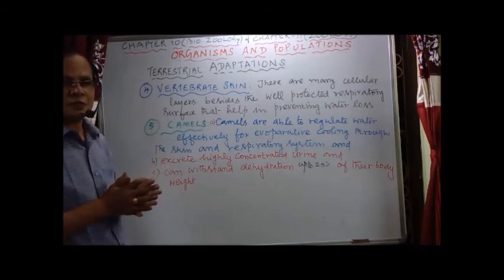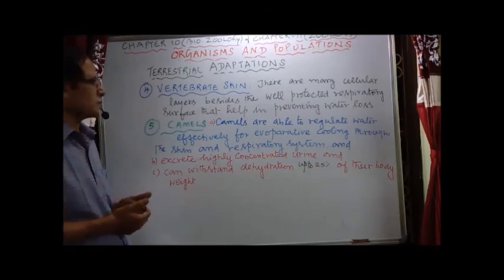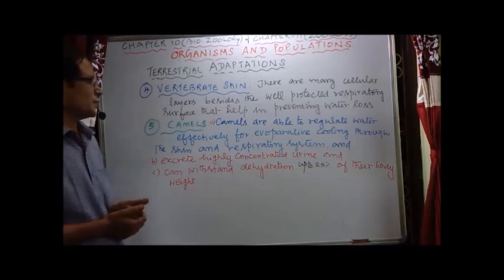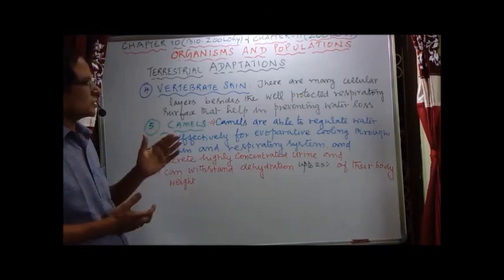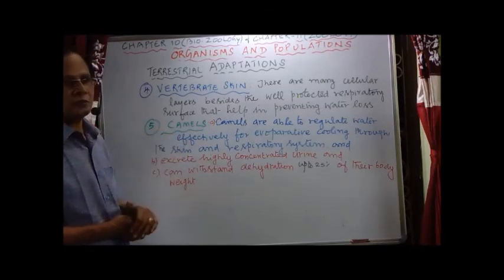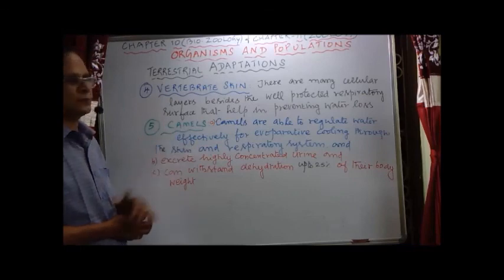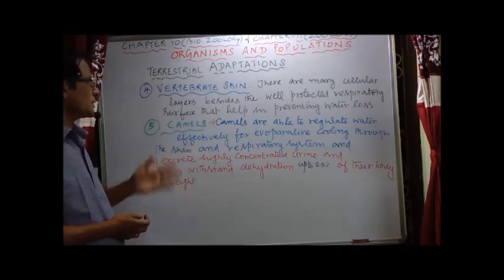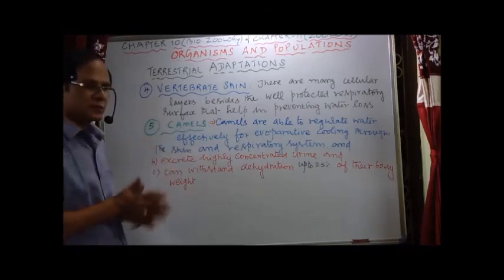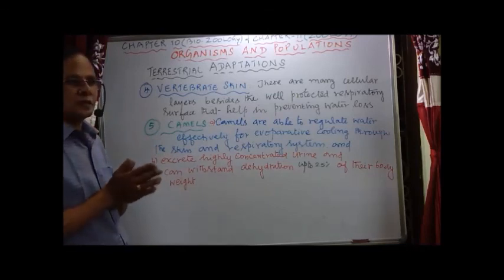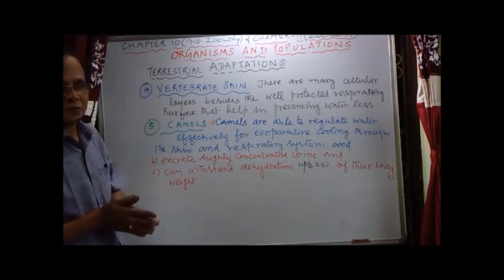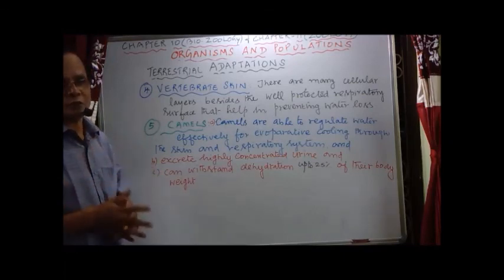They can withstand the various conditions prevalent in the desert. They are able to regulate water effectively and efficiently. First, for evaporative cooling through the skin and the respiratory system. Number 2, to prevent water loss, they excrete highly concentrated urine, what is called hypertonic urine.